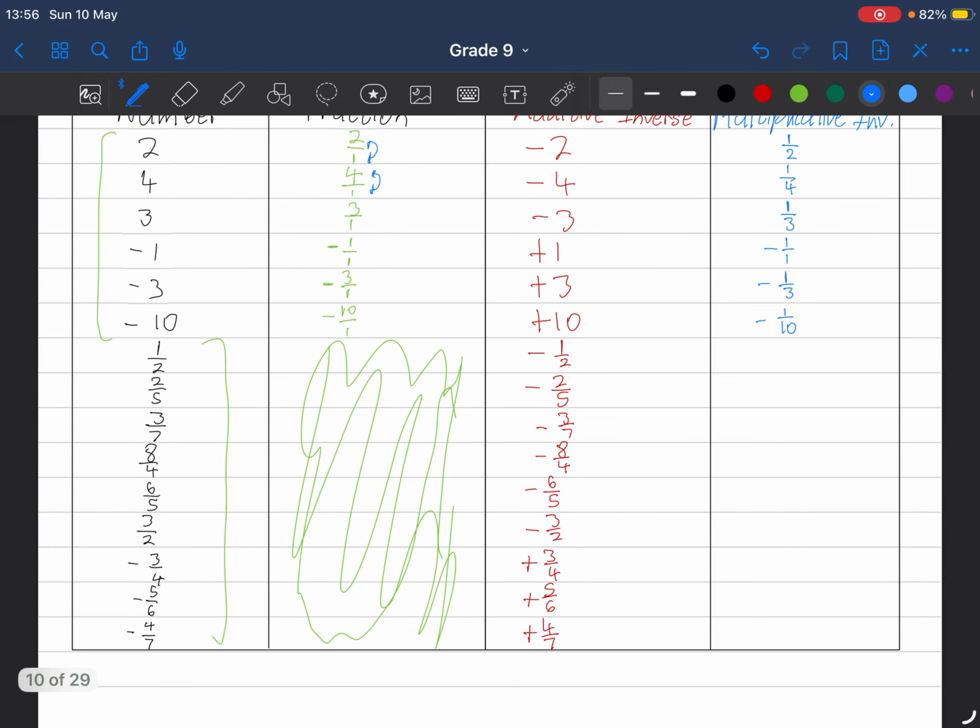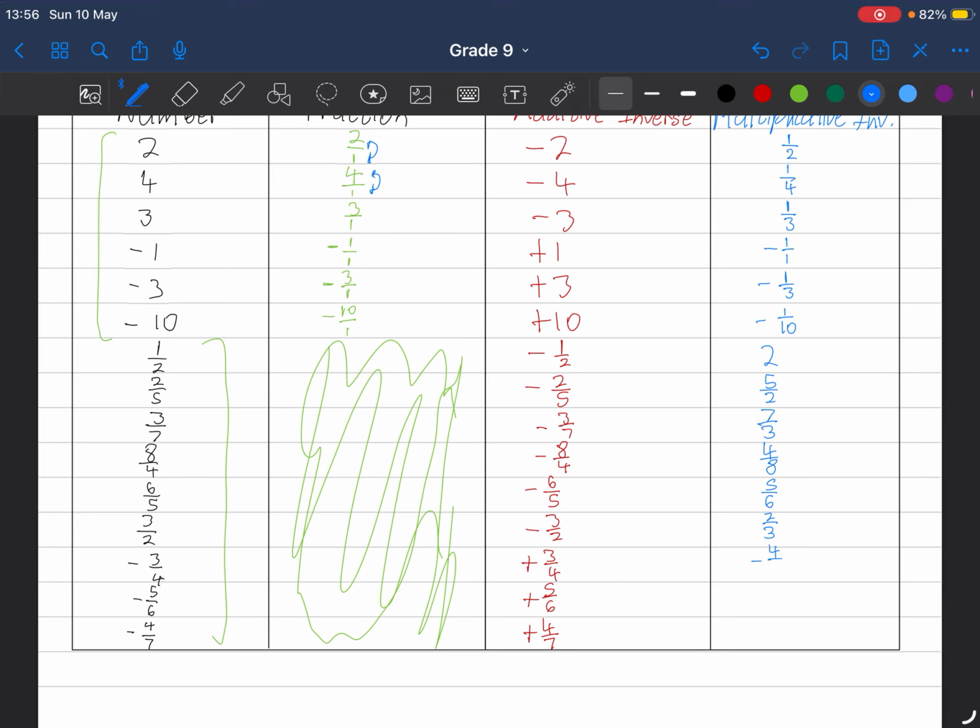Now let's continue. The multiplicative inverse of a half is 2 over 1, which is just 2. The multiplicative inverse of 2 over 5 is 5 over 2. 3 over 7, 7 over 3. 4 over 8. 5 over 6. 2 over 3.